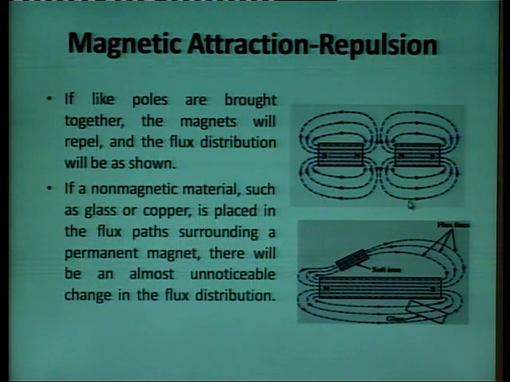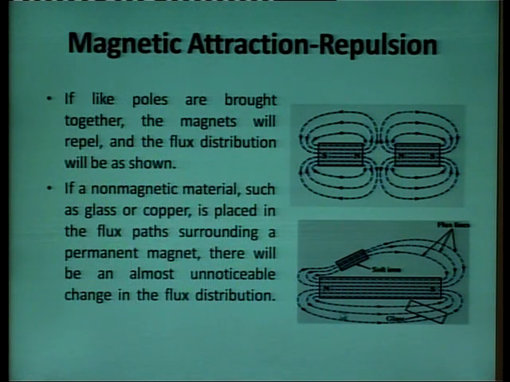If a non-magnetic material such as glass or copper is placed in the flux paths surrounding a permanent magnet, there will be an almost unnoticeable change in the flux distribution, because as we can see, this is the glass put over here.